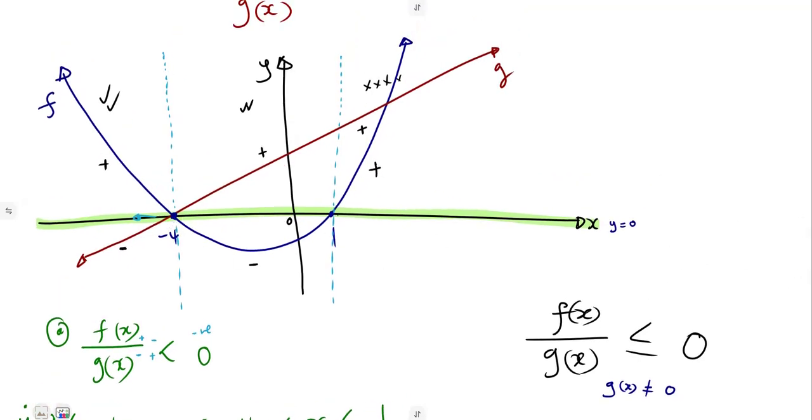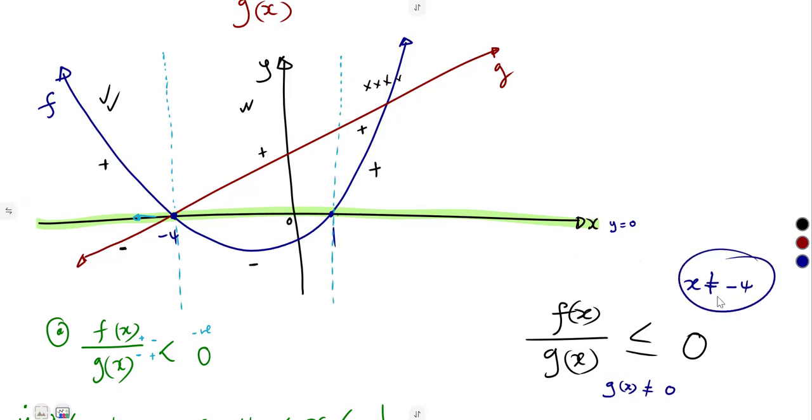They are on the x-axis, y is equal to 0, both. So x cannot be equal to -4, because at -4, g of x will be equal to 0. So definitely x cannot be equal to -4.